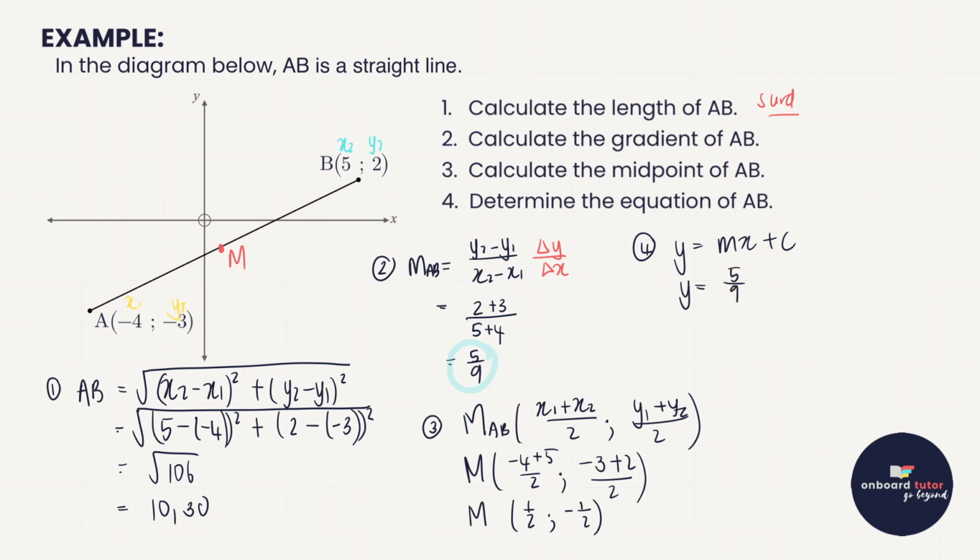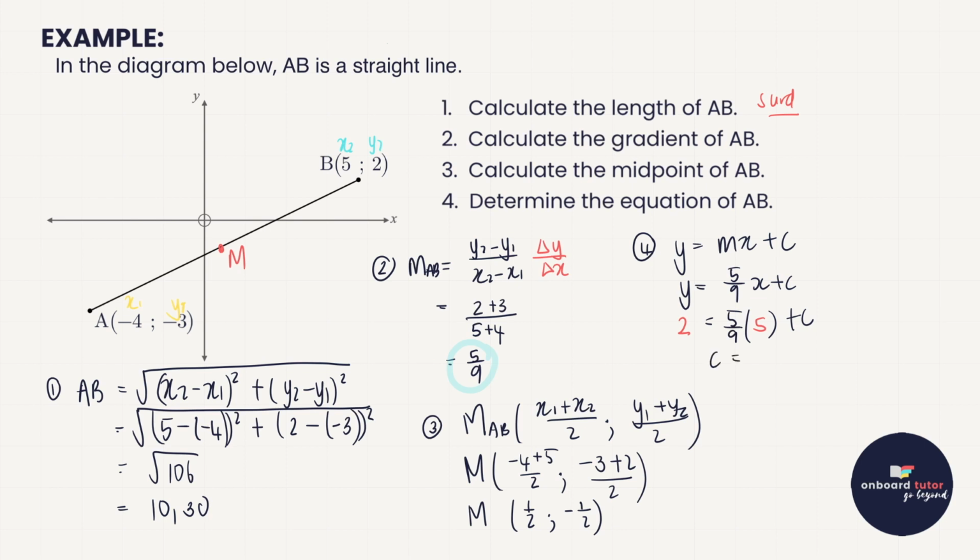Then we can substitute in another point. So instead of y, let's put a 2. I'm choosing point 2 there because it's got no negatives, which does make my life a bit easier. 5 over 9 times 5 plus c, and then we can work out what c is. So it becomes 2 minus 25 over 9.